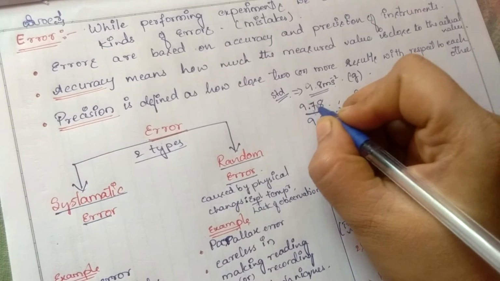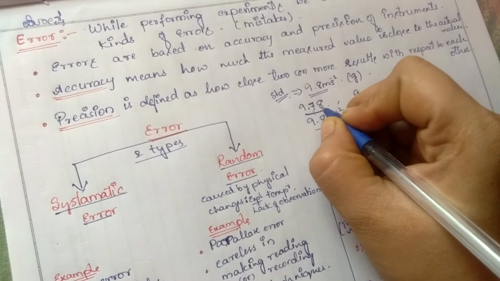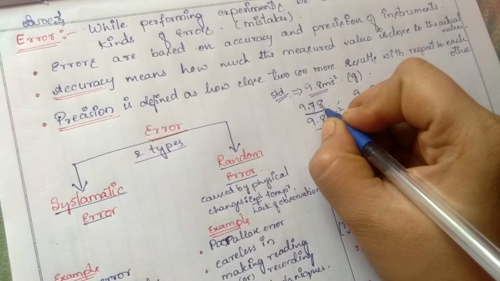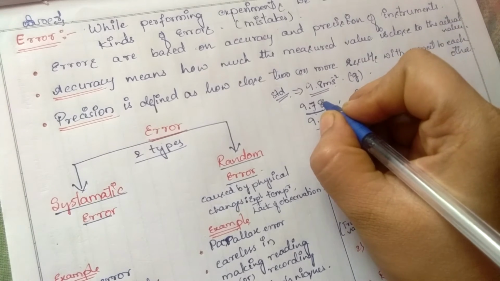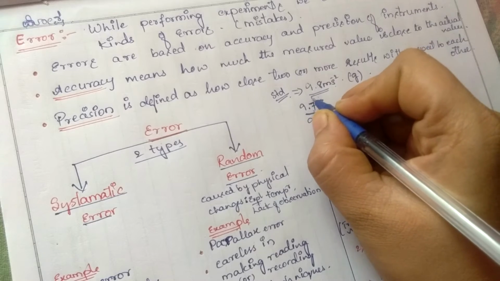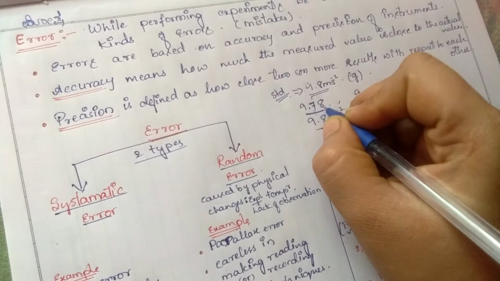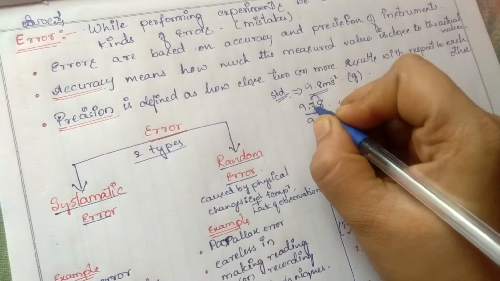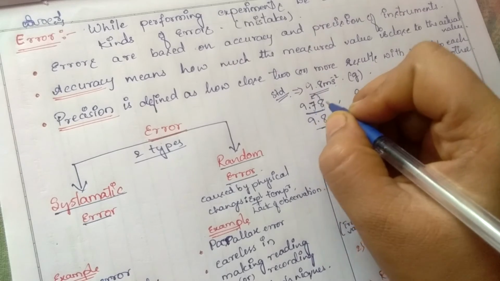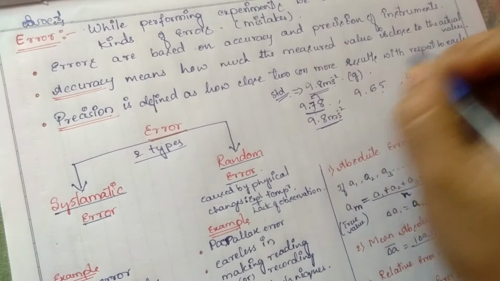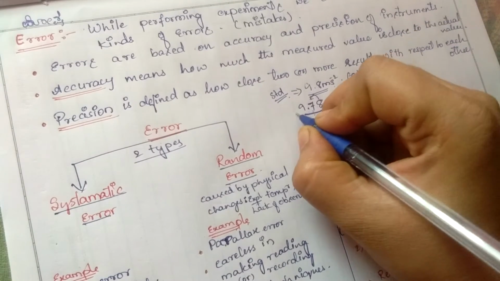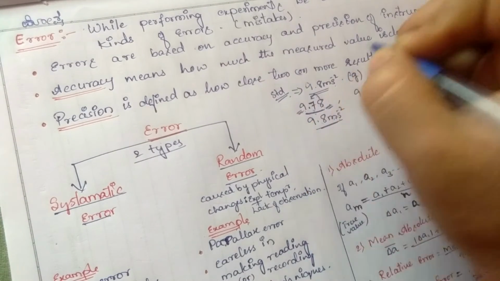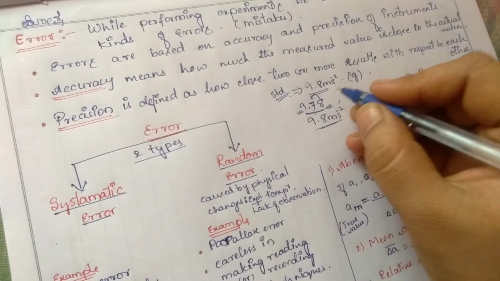If the second digit after the point is 5 or more, we have to add one to the number before it, so that we get the value 9.8. This is the accuracy value we have to write for the result. This is called accuracy.